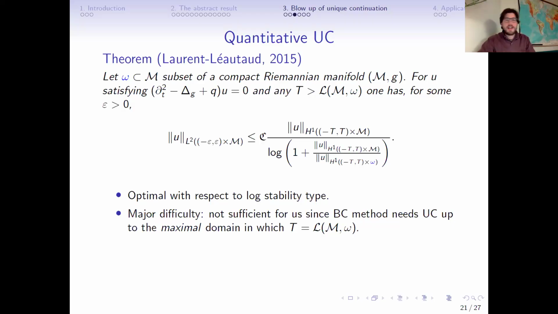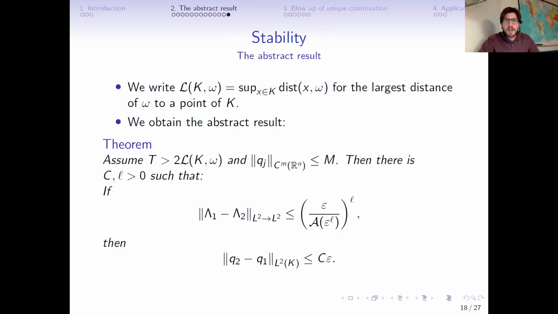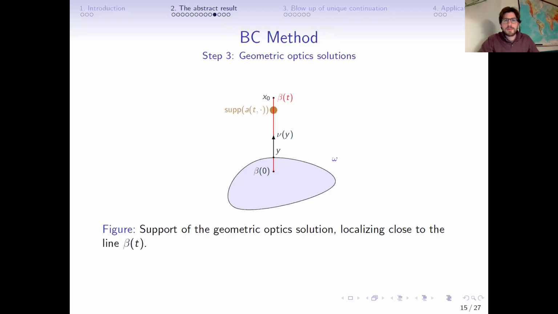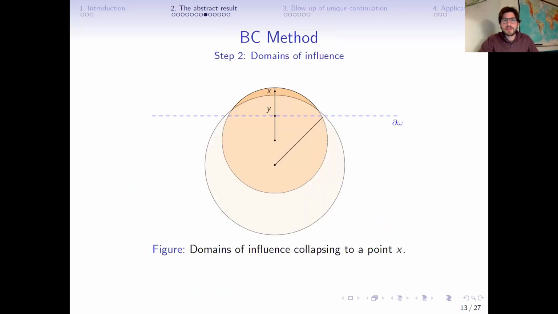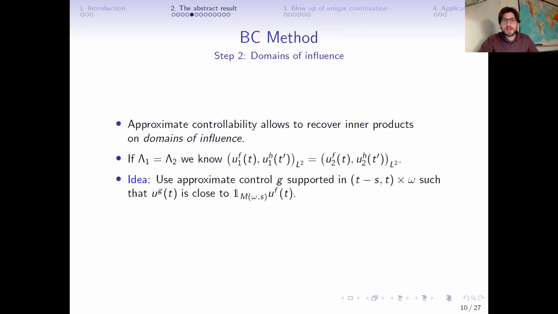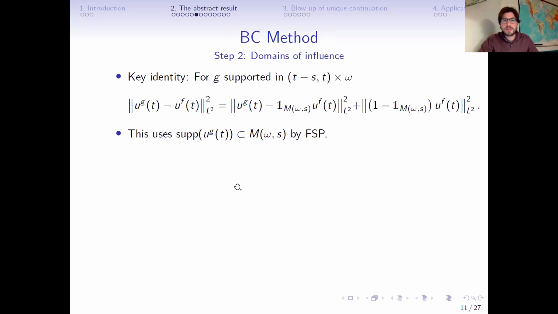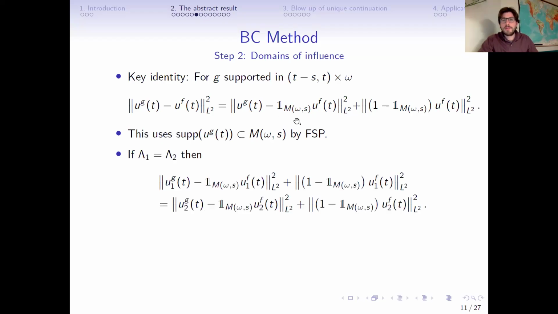And for those interested, or if you have seen something similar, I can just say that from a technical point of view, this is really related to this orthogonality relationship. When I wrote this quantity here, essentially you want your G to be supported here, and this gives orthogonality between those two sets.